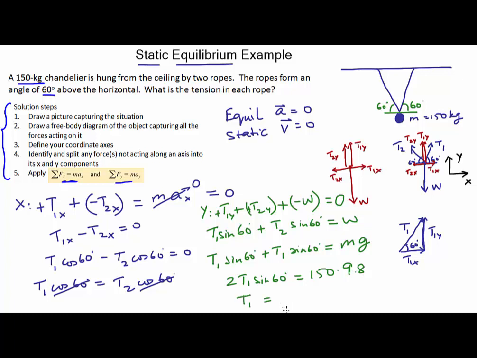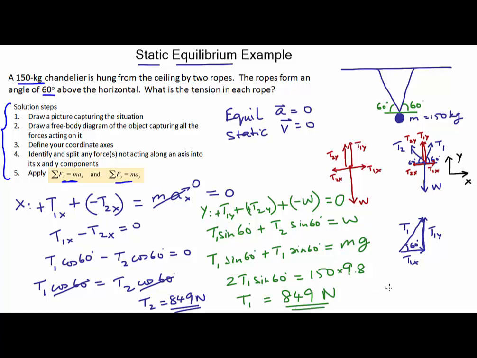And so solving this with your calculator, you will get T1 equals 849 newtons. And going back to this equation over here, since T2 equals T1, I also have T2 is 849 newtons. Both of the ropes carry the burden of the chandelier's weight equally.